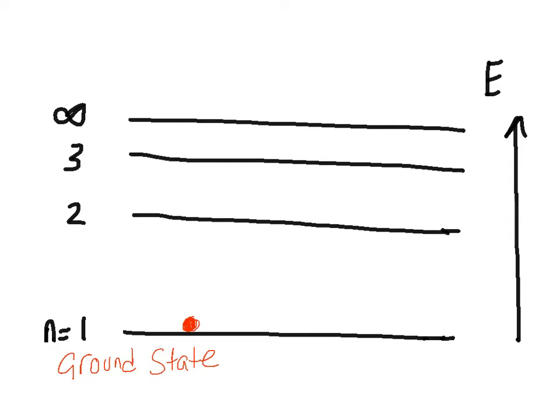And this is a pictorial representation of an electron in its ground state in an atom. The ground state is where the electron can be found 99% of the time.